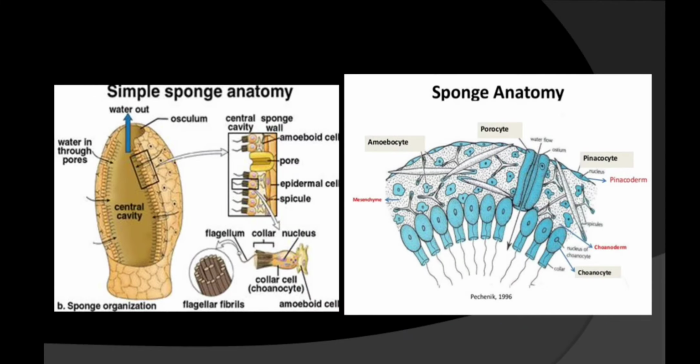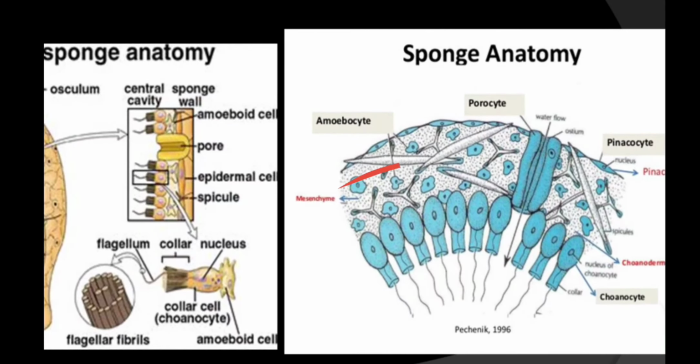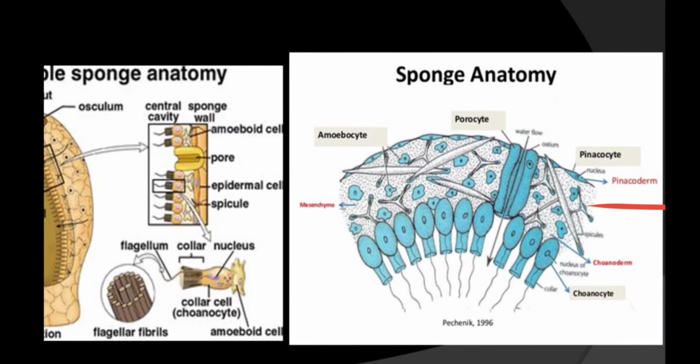Now, as I told you that there are two important layers. Outermost is the pinacoderm, then innermost is the choanoderm. And in between these two layers, there is a gelatinous layer that is known as mesenchyme. Okay. Now, if you talk about the outermost layer, that is pinacoderm, here you will find pinacocyte cells, then porocyte cells.